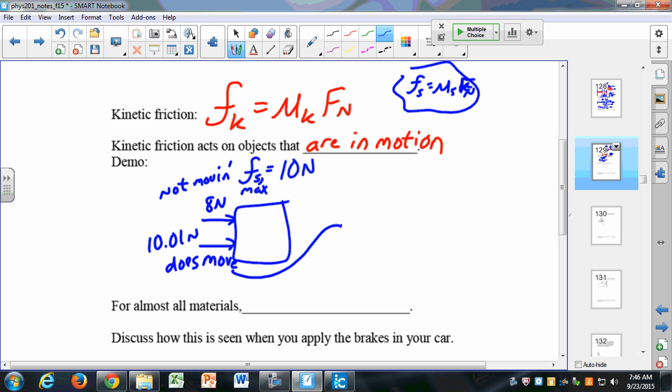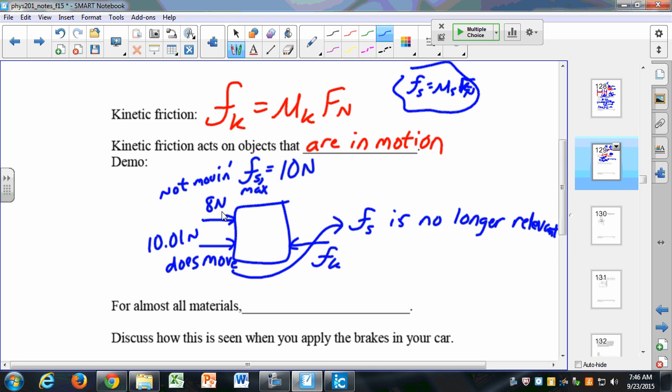And when I do that, the static friction is no longer relevant. Instead, what I get is the kinetic friction. So the kinetic friction is in play when this object's in motion.